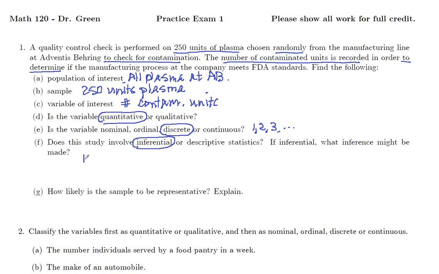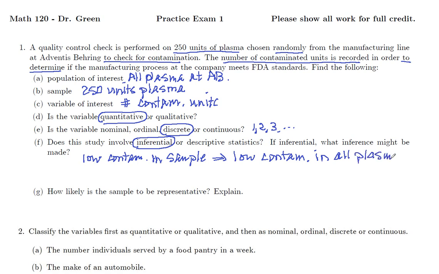Well, for example, if there's low contamination in the sample, then that could imply that there is low contamination in the population. So in all plasma at Adventis Bearing.